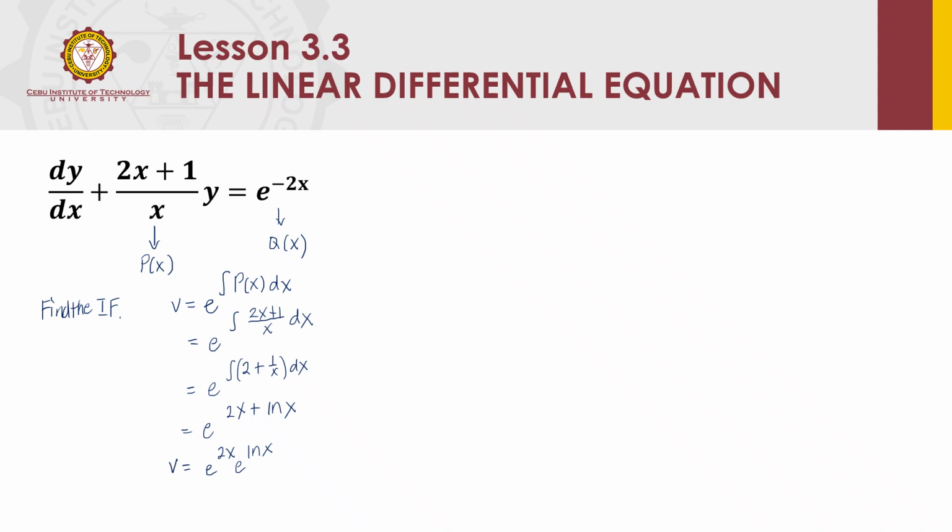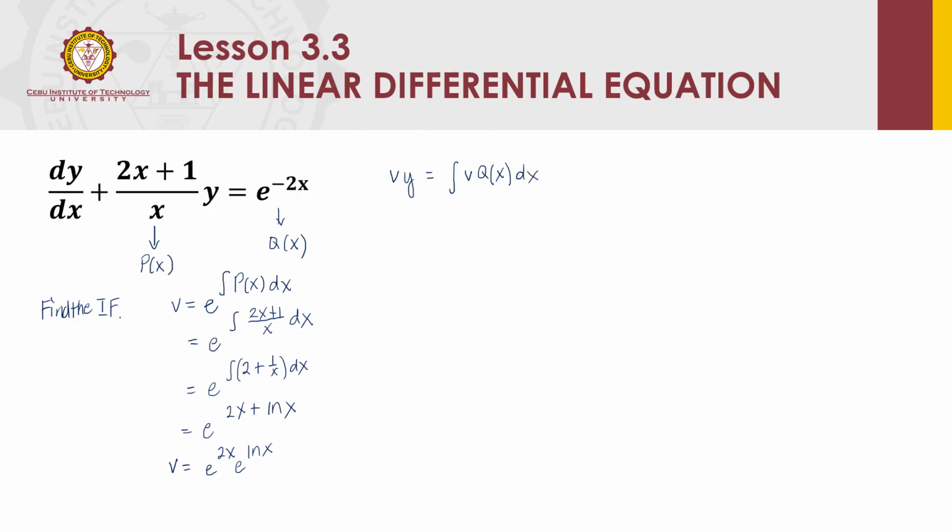And then the next step is to use the equation for finding the general solution, wherein we multiply the integrating factor with y, the dependent variable, and equate it to the integral of the integrating factor multiplied to the function located on the right side of the equation.